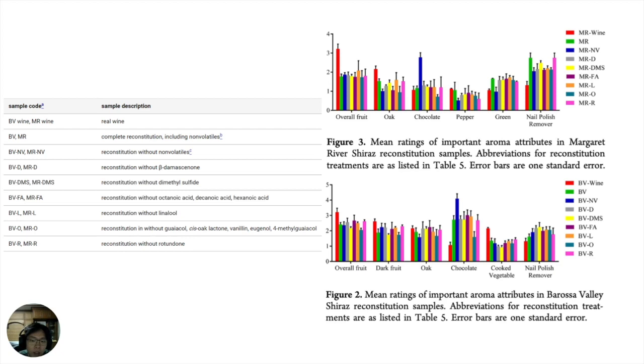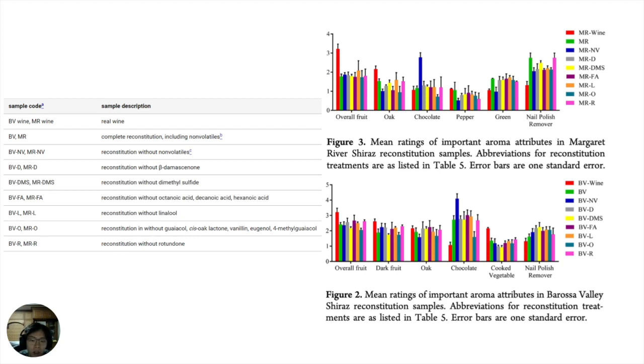And the last wine is the wine without rotundone. And from this, we can also see the difference between the two wines and the impact of the difference in concentration of the compounds in each wine.